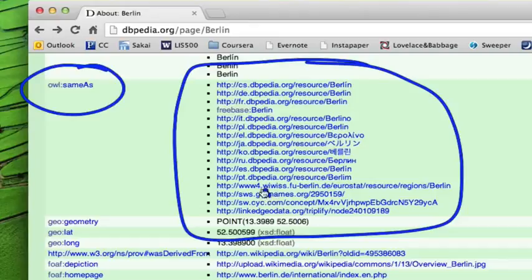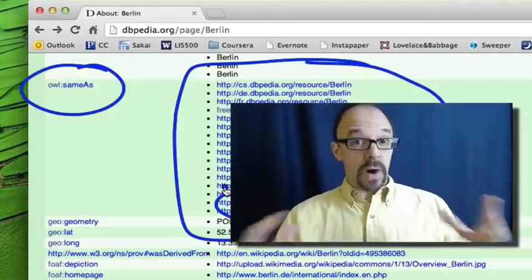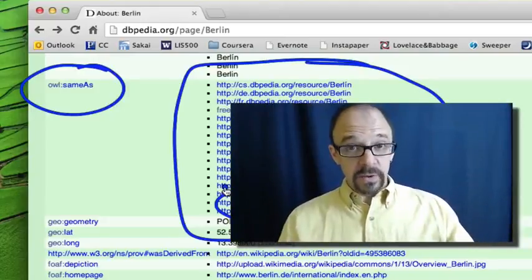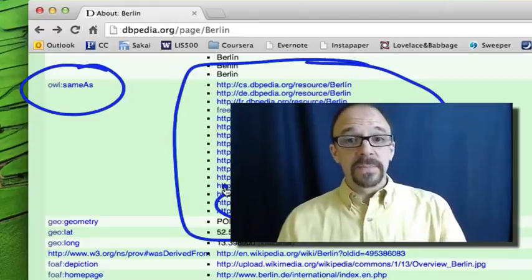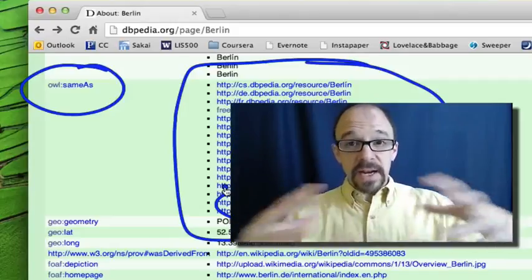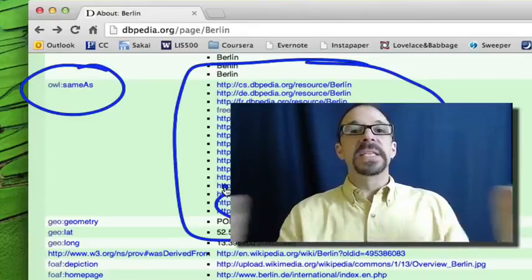And down at the bottom here we have something that isn't DBpedia, it's Psych, which is a project to build a massive ontology of common sense knowledge. The point is we have all of these different graphs declared in OWL in different languages and even different projects that this entity, this entry for Berlin says all of these things are the same.